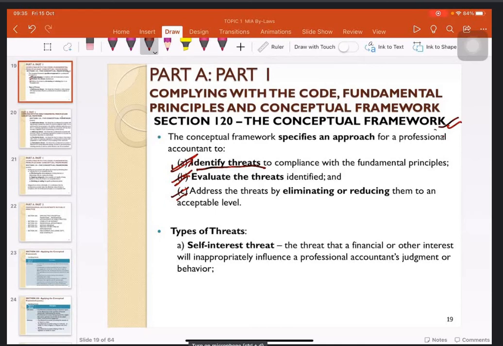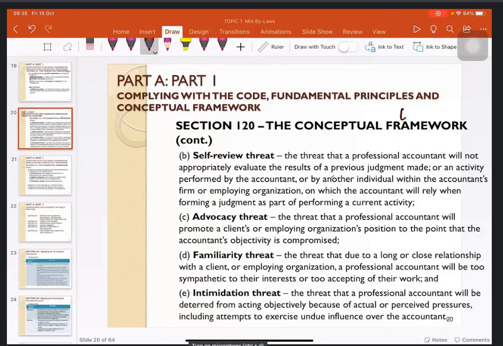Okay, sebagai auditors, we need to identify the threat. There are 5 threats that we might face ya. So the threat yang kita ada, this one you kena tahu sebab dalam jawapan, you kena identify the fundamental principle as well as dia punya conceptual framework. The types of threat that you might face adalah self-interest threat, self-review threat, advocacy, familiarity as well as intimidation threat.